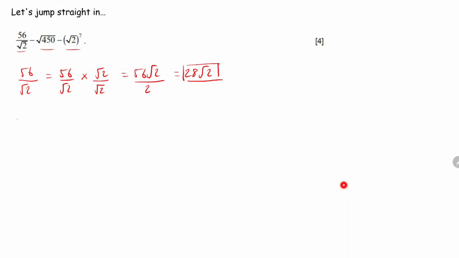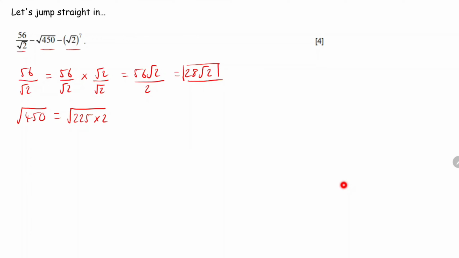Now the middle term is root 450. What we have to do here is think of the biggest square number that will go into 450. If you halve 450, you end up with 225, which is a square number.